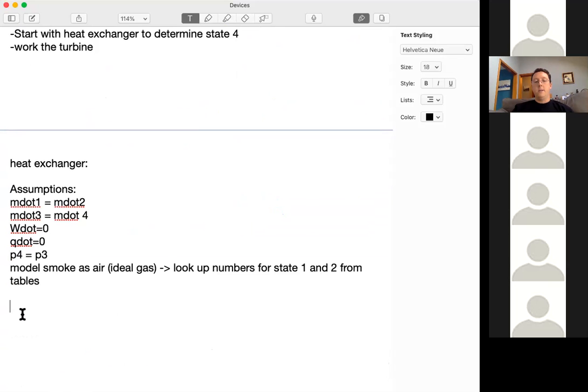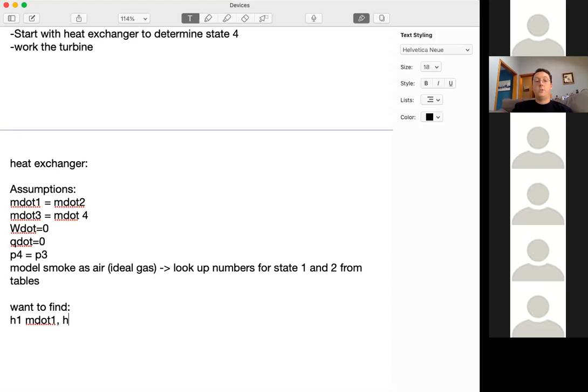So what do we want to find? What is the list of numbers to get from the table? We want to find H1, and you'll also have to figure out m dot 1.